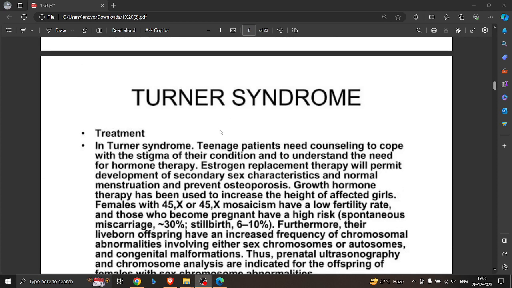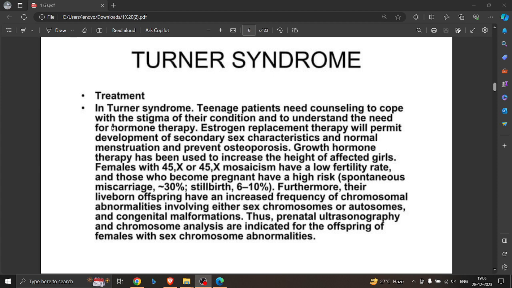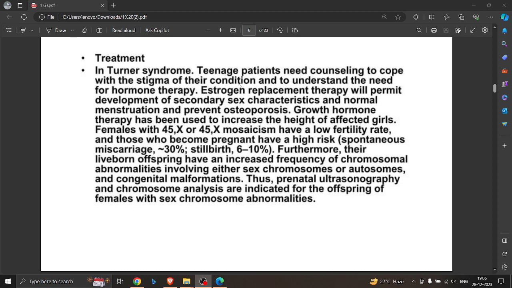Next one is Turner syndrome. Treatment: in Turner syndrome, teenage patients need counseling to cope with the stigma of their condition and to understand the need for hormonal therapy. Estrogen replacement therapy will permit development of secondary sexual characters, which may be underdeveloped in Turner syndrome.